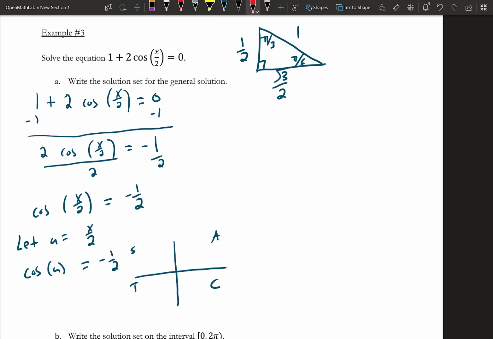Then cosine, this is negative, so it's going to be negative in the second quadrant and the third quadrant, right? So as we mentioned before, I know that reference angle is going to be pi over 3, because cosine of pi over 3 is what equals a half, right? So that reference angle is going to be pi over 3.